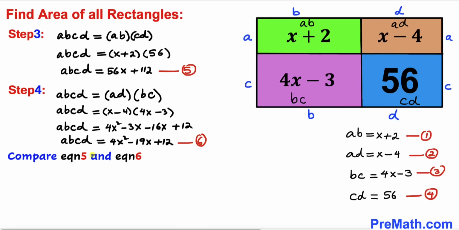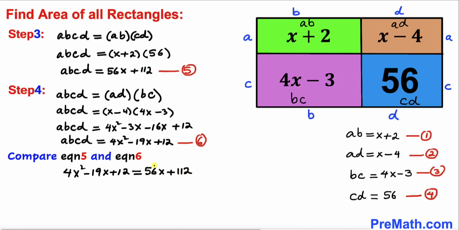And here's our next step. Let's compare these equations 5 and 6. We can see the left hand sides are the same, so we can equate the right hand side as well. Therefore we can write 4x squared minus 19x plus 12 equal to 56x plus 112.